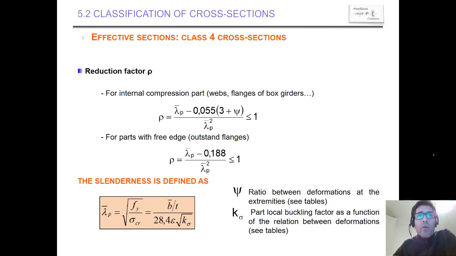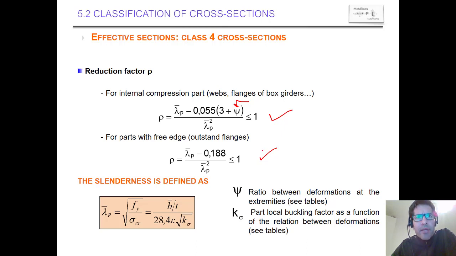And now what we have in the code is an expression which is different for internal compression parts and for parts with free edges. Okay, we have two types of rho. Notice that these elements are in the first part. We have that rho is a function of lambda and a new element called psi, whereas in the second expression, for parts with free edges, the expression is only dependent on lambda.